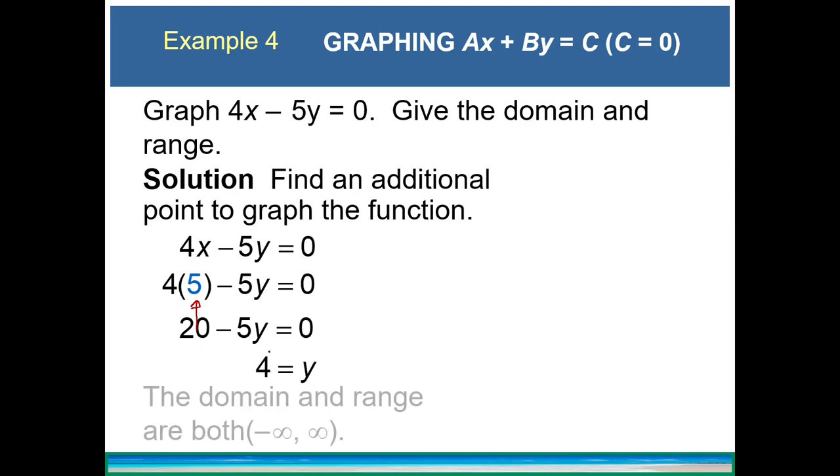And then we can solve for y, which is going to yield 4. And that means the point 5, 4 lies on the graph. Now since this is a linear function, the domain and range must be negative infinity to infinity.